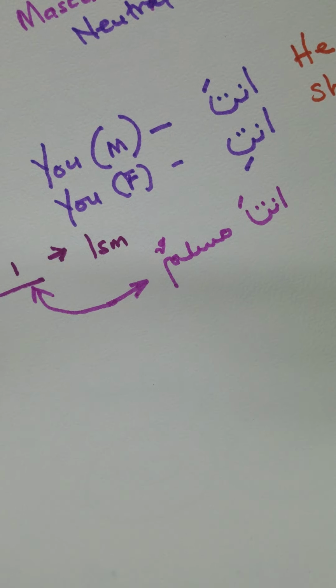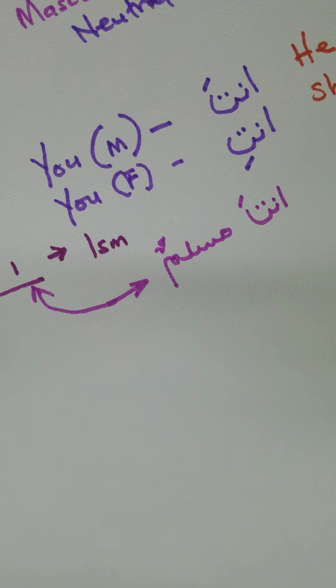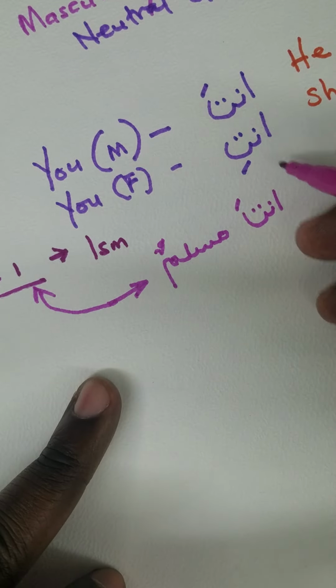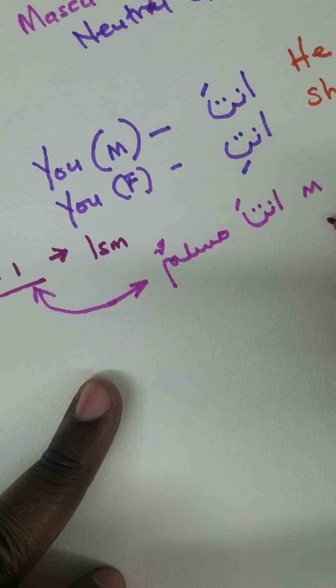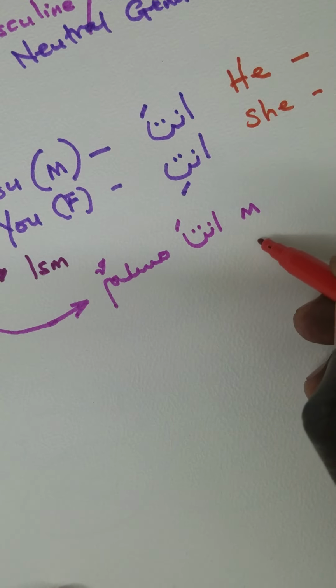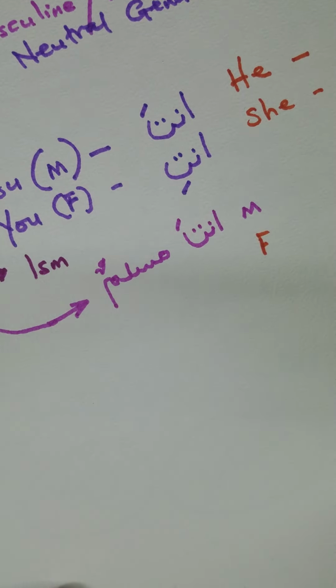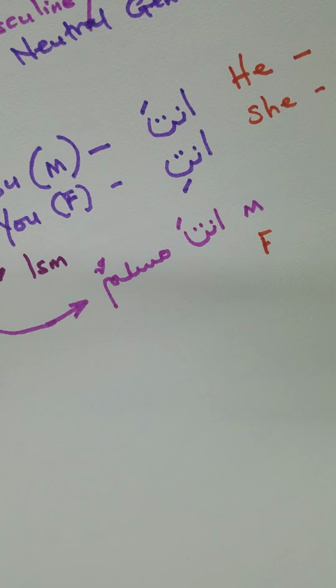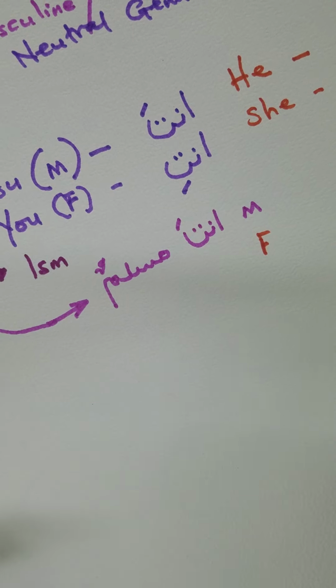We are coming to how we make sentences in Arabic, and it's going to be fun because now you are putting everything for a reason. How about if I am referring to a female, because this is male? How are we going to write this same thing? You are a Muslim, but the person you are talking to is a female.